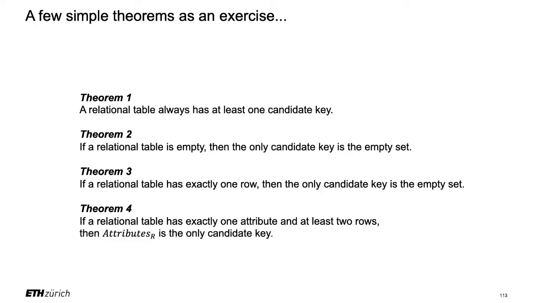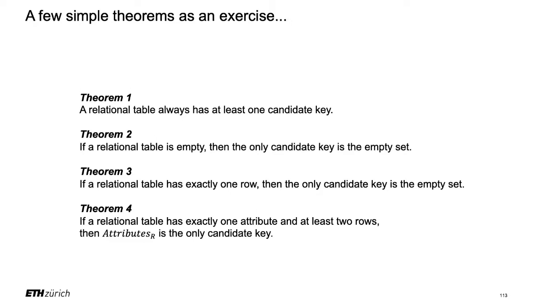So all I need to prove is that it's minimal, but this is trivial. The empty set is always minimal. You can never remove anything from an empty set. So that's the reason why it's a candidate key. And the only one, because it's a subset of anything else. So if the empty set is a super key, then nothing else can ever be a candidate key.